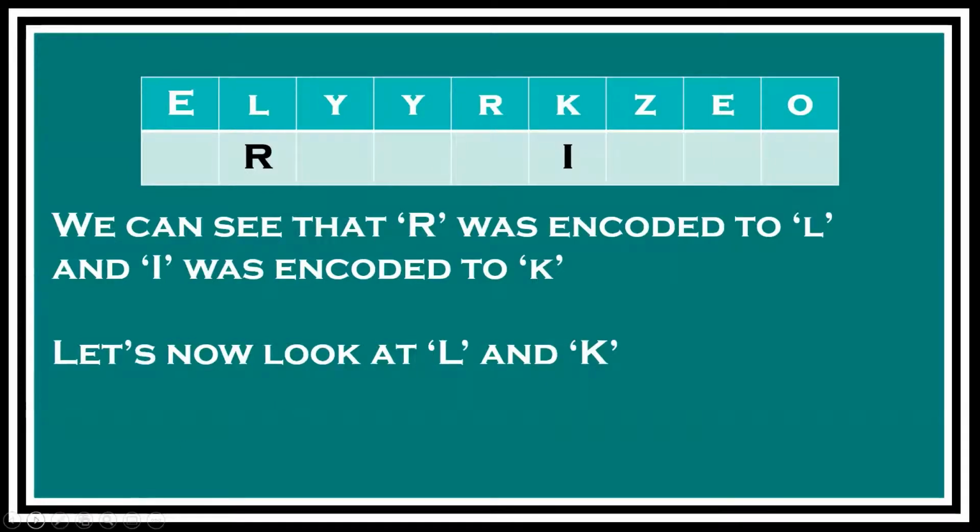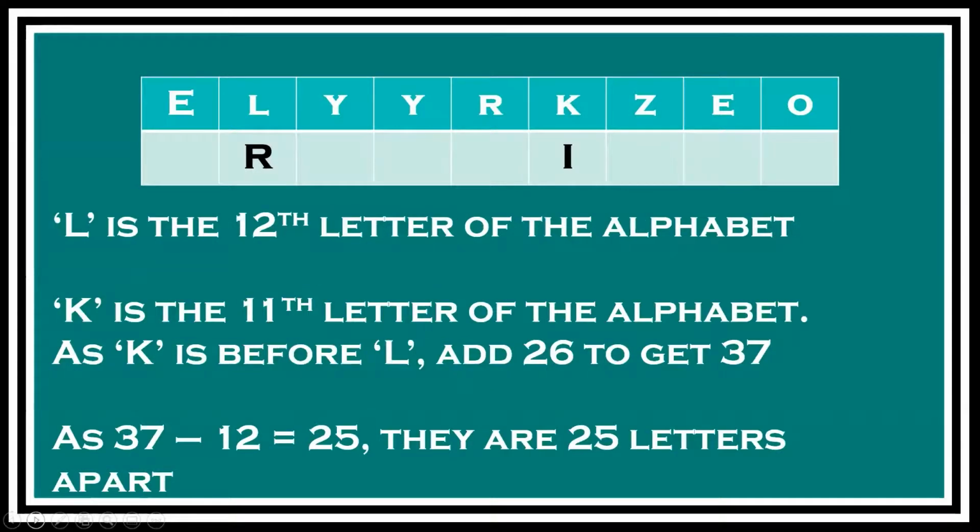So let's look at those two letters, L and K. L is the 12th letter of the alphabet. K is the 11th letter of the alphabet. Now, K is before L, so that means we need to add 26 to K, and we are therefore going to treat K as the 37th letter of the alphabet, which puts the two letters, L and K, 25 apart.